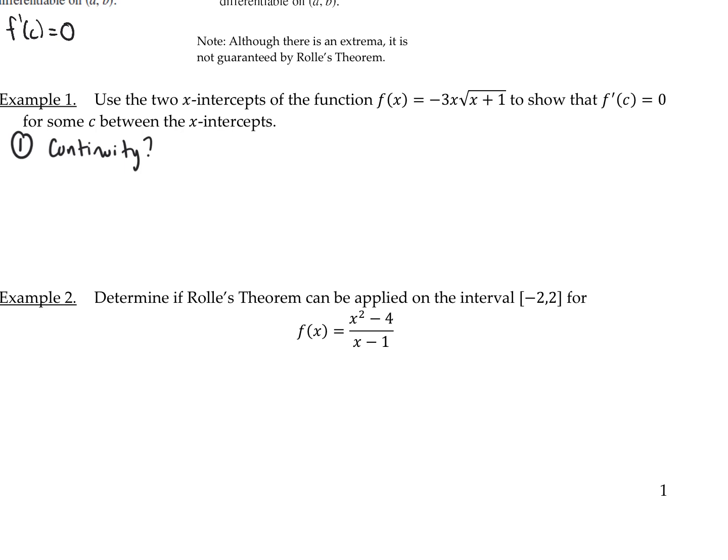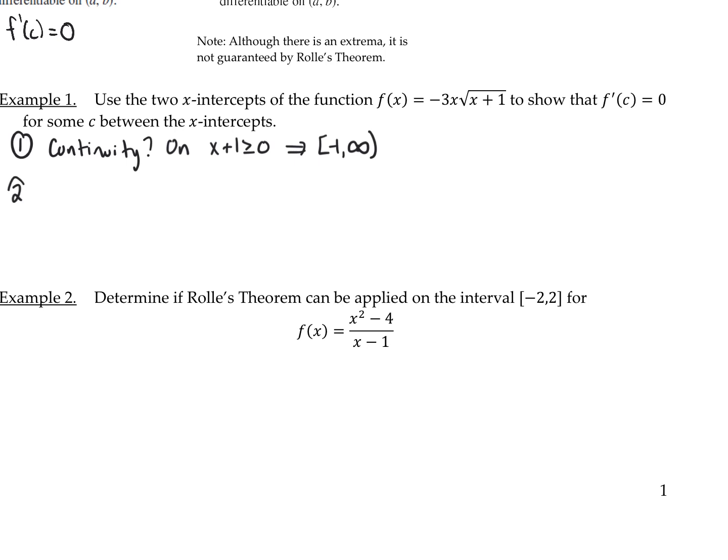The first function that is part of this is a polynomial, which is continuous. The square root is continuous as long as the x is within its domain. So this function is continuous as long as x plus 1 is greater than or equal to 0, which means everything from -1 to infinity.